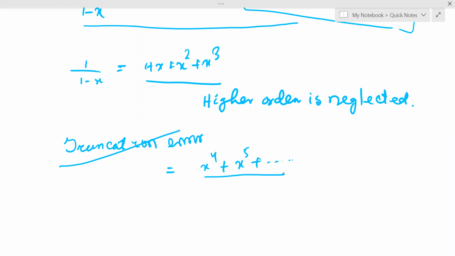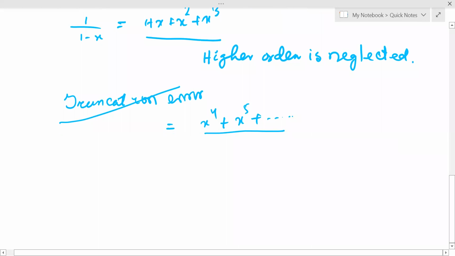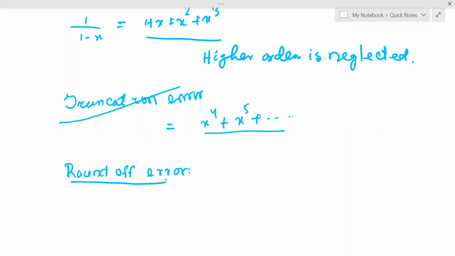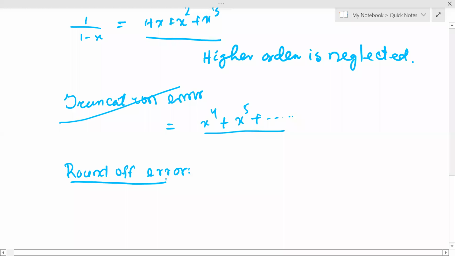And round off error, can anybody say about the round off error? We discussed truncation error, next we come to round off error. The round off error cannot be controlled easily unless the computer used has double precision arithmetic facility.